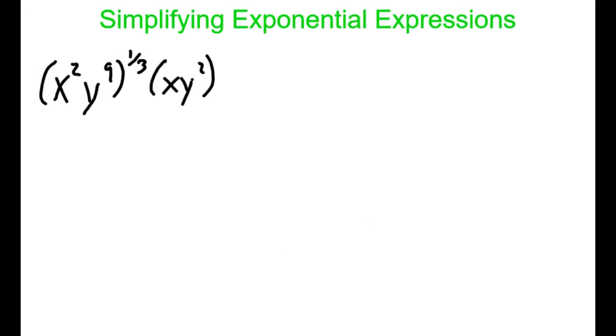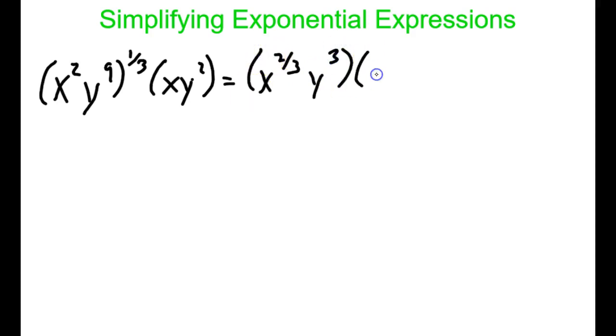In this next example, we want to simplify the exponential expressions. So we have x squared y to the 9th, that quantity raised to the 1/3 power, times xy squared. First thing we need to do is apply this exponent to both of these factors inside the parentheses. So 1/3 times 2, we have x to the 2/3 power, times 9 divided by 3 is going to be y cubed.